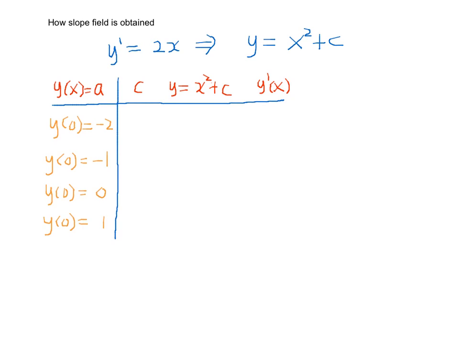If you substitute these into this solution, you get the corresponding c values. Of course, substituting the c values, you get the functions, the solutions that is, and you can use the x values, which will all be 0 here, and calculate the y prime.